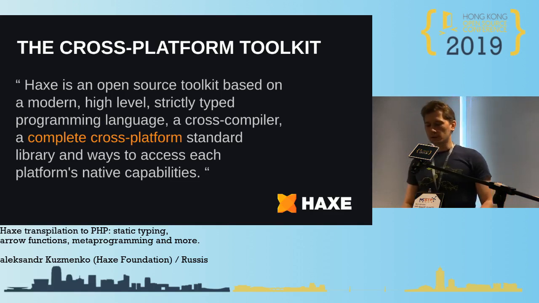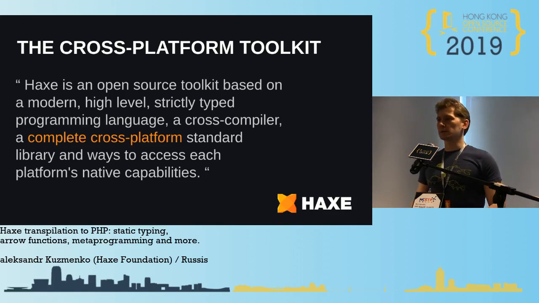Also, the toolkit contains the standard library, which is completely cross-platform. That means you can use that library targeting any available language. Also, the toolkit provides different ways to access native capabilities of the targets.